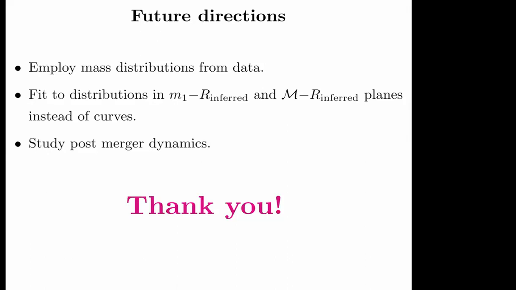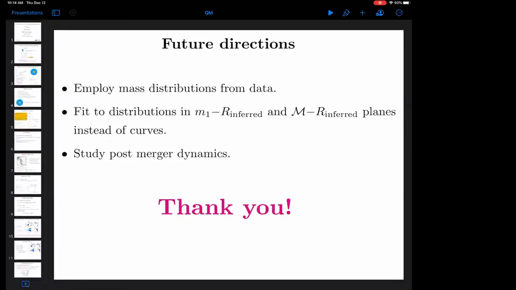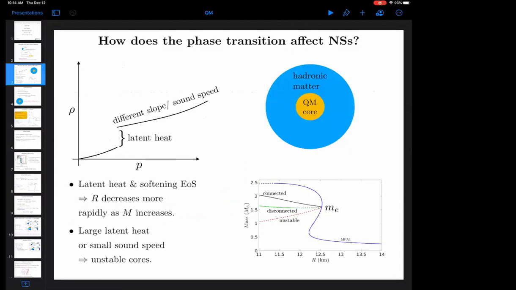If I go back now to this slide, way back right here, that kink is arising due to the fact that you have a core that has different physical properties than the hadronic matter that surrounds it.